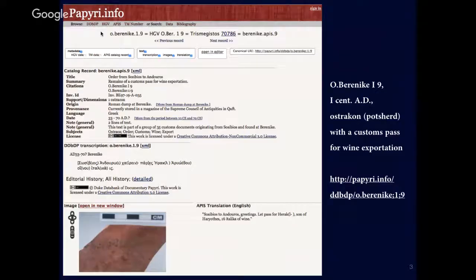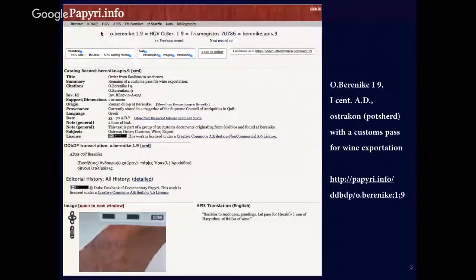The documents included in Papyri.info are mainly in Latin and Greek, over 50,000 items, and there are also some Coptic and Demotic papyri. And work has started recently to add the Arabic papyri.